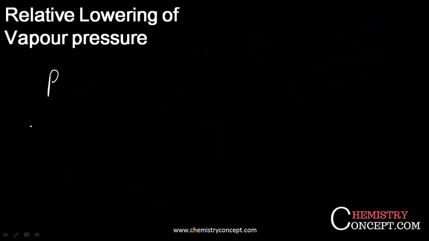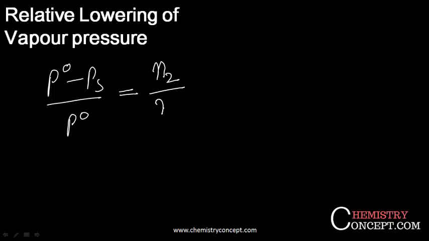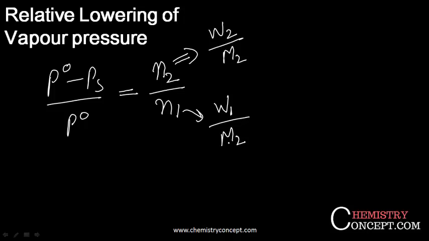Or (P naught minus Ps) by P naught is equal to N2 by N1. Now N2 is given mass of solute by molar mass of solute. Similarly, N1, the number of moles of solvent, is equal to given mass of solvent by molar mass of solvent.